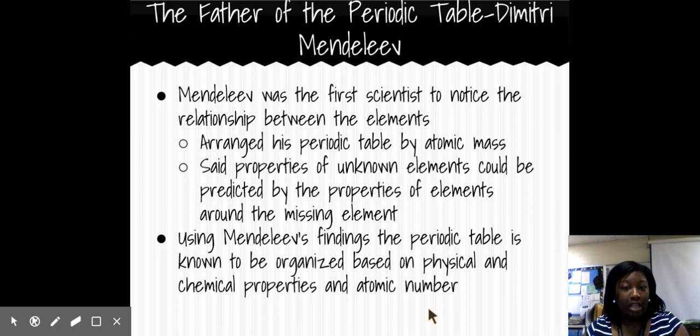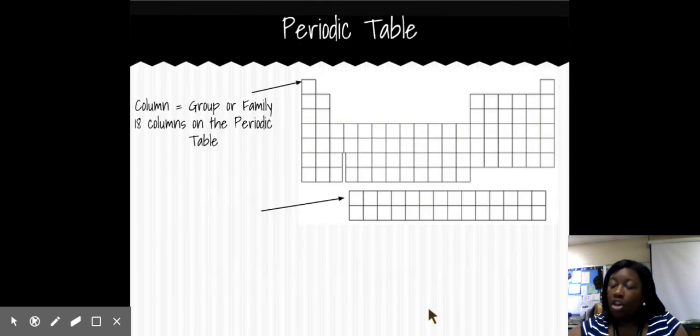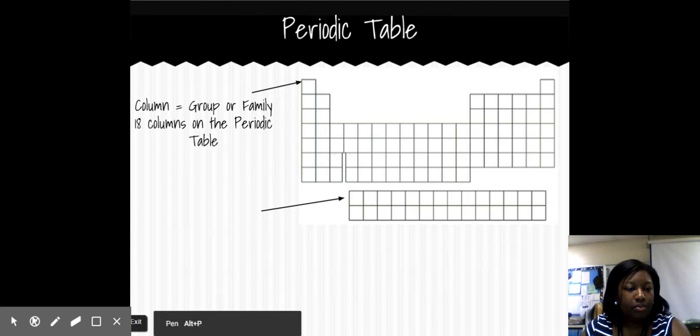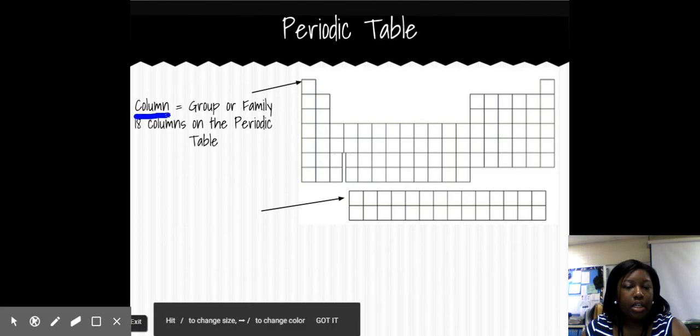So the periodic table. Let's start off with the blank periodic table that I handed out to you. It's on your worksheet, like so. And we want to look at what we call a column or a group. As you can see right here, the column or a group or a family, there's 18 columns on the periodic table.